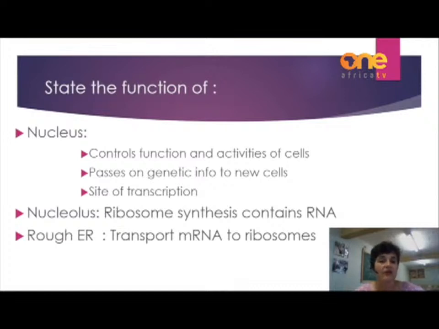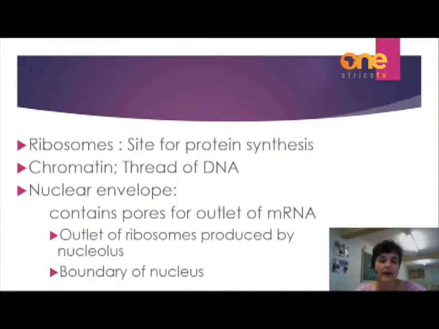Then we have the rough endoplasmic reticulum. It transports a specific RNA, the messenger RNA, to the ribosomes. Ribosomes is the site where protein synthesis, the building of proteins, will take place.